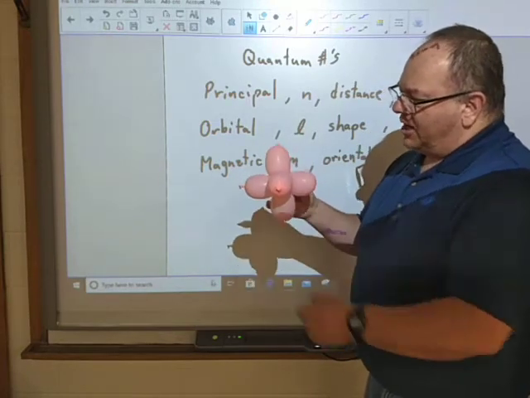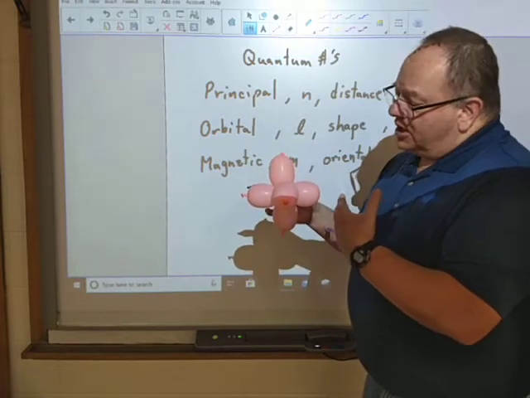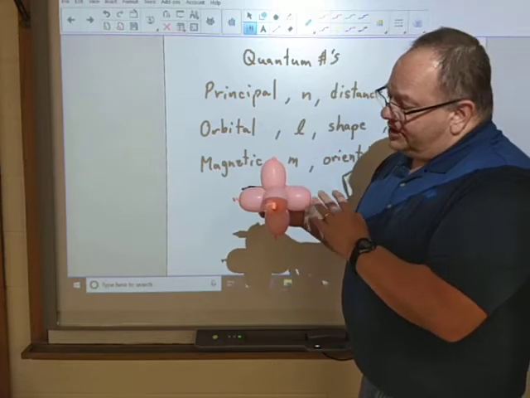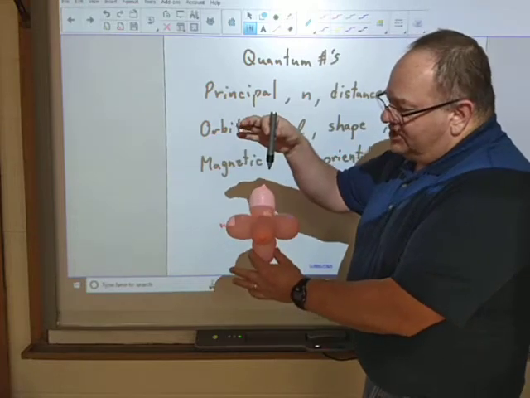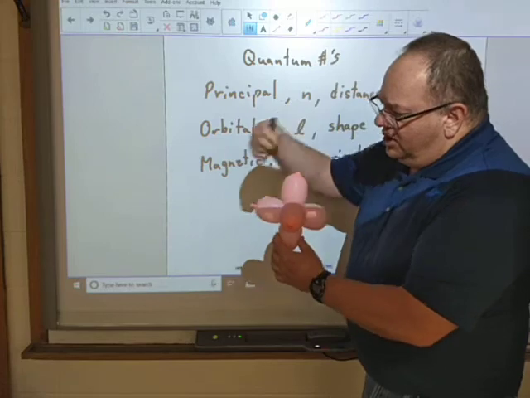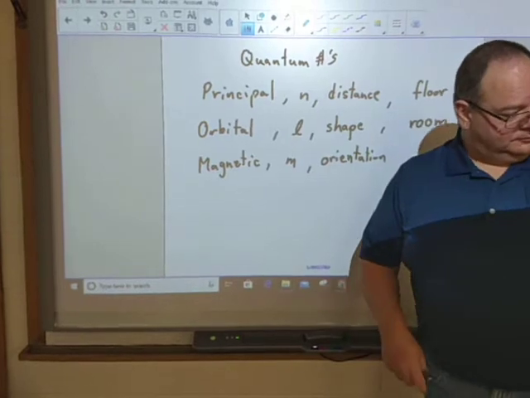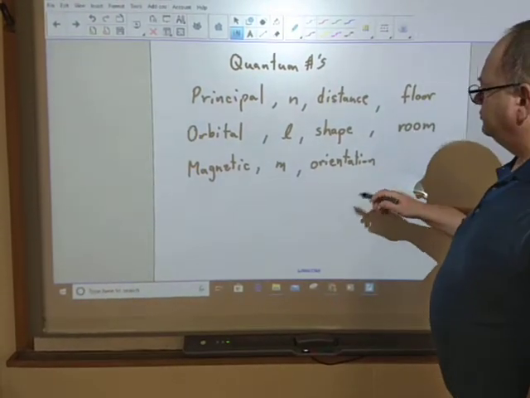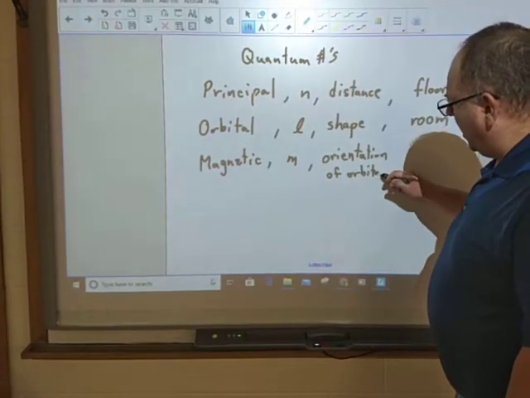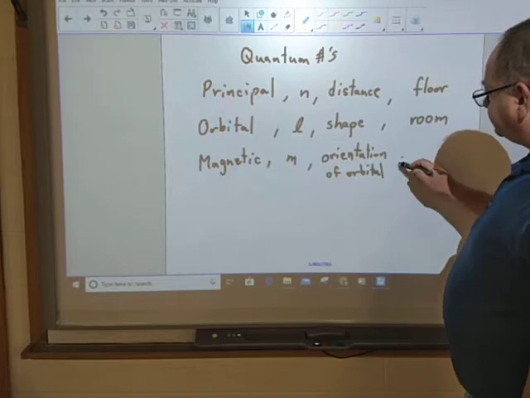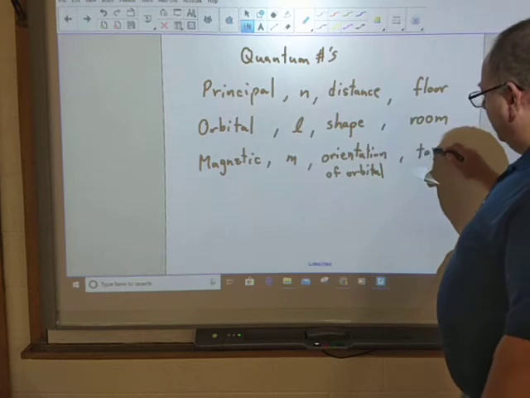And the one in front and the one in back represents an orbital. So, together, when these things come together in the subshell, they're trying not to overlap with each other, and so they are oriented in 3 different directions. So, the magnetic quantum number is saying, is it this orbital oriented this way, or this way, or this way? I'm just going to add in here orientation of orbital. In our analogy with the electron hotel, this would have been the table.